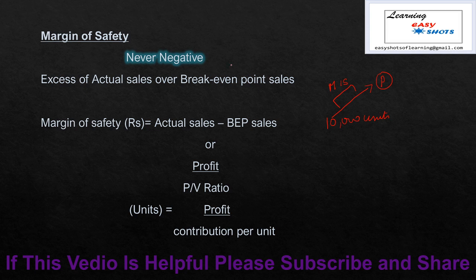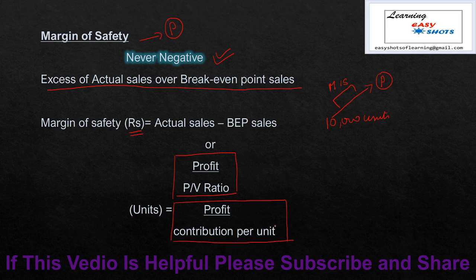So margin of safety is the excess of actual sales over break-even sales. Margin means profit. That's why we use profit in case of margin of safety, and profit can never be negative. So in case of margin of safety in rupees, we use the formula profit divided by PV ratio, and in case of number of units, margin of safety is calculated as profit divided by contribution per unit.